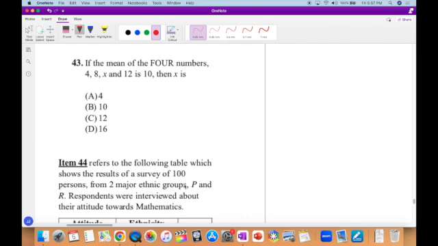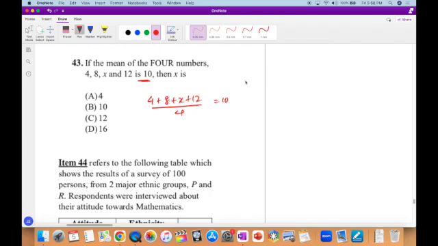If the mean of 4 numbers is 10, so 4 plus 8 plus x plus 12 all divided by 4, and that is 10. Then x is, so 4 plus 8 is 12, plus 12 we know is 24. 24 divided by 4 is 6.